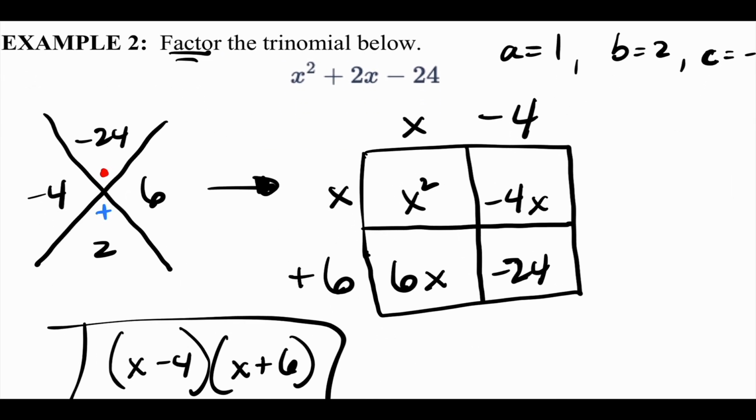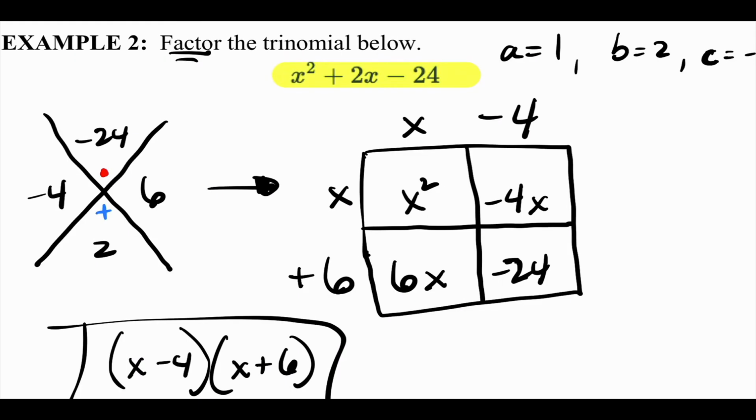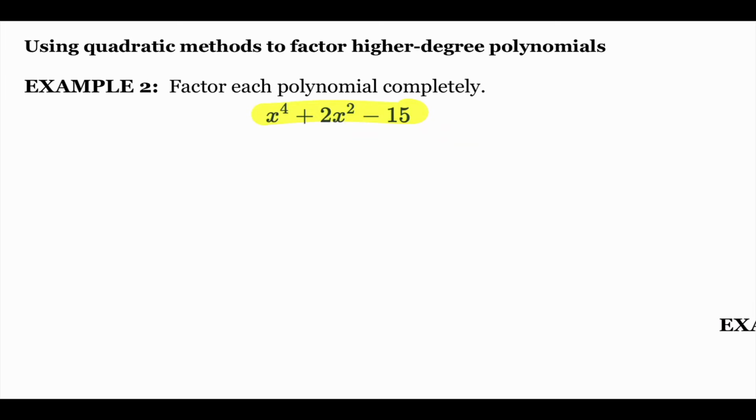This one we did like a month ago. What's the difference between that guy and that guy? Besides the numbers, I know 2 and negative 24 and 2 and negative 15. What's the difference?